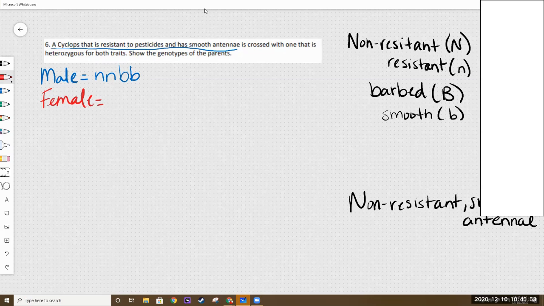Albert. She is heterozygous for both traits. What would be her genotype if she's heterozygous? Remember what hetero means.